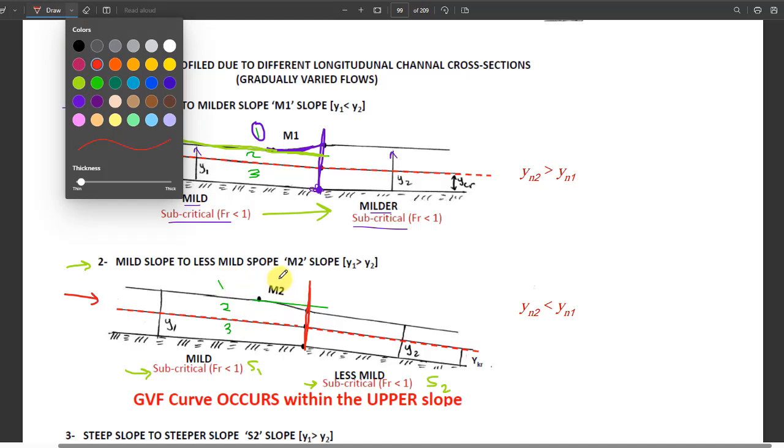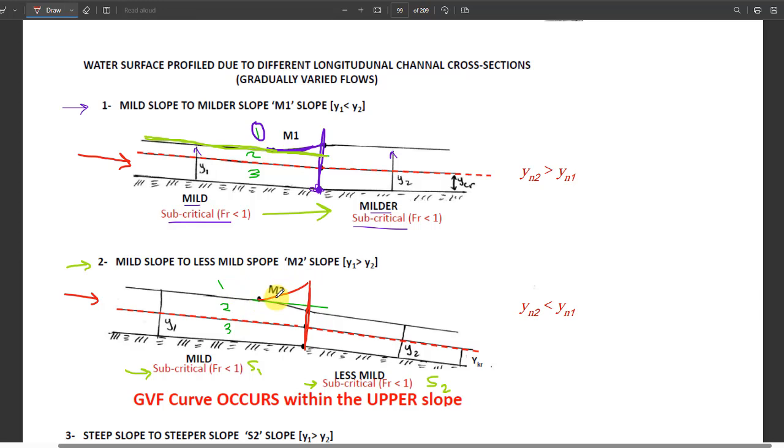Therefore put the numbers. Then what is the curve? We see the curve is now not going like this, it's not in layer 1. Check the line, where is it? It is in here, in layer 2, isn't it? Always remember the breaking point, after that you judge it. So it's M2. We call this curve the M2 curve.